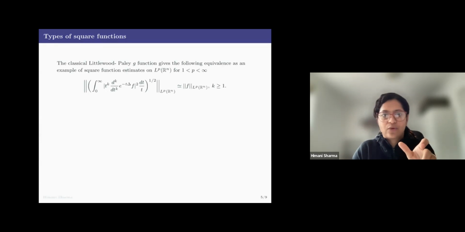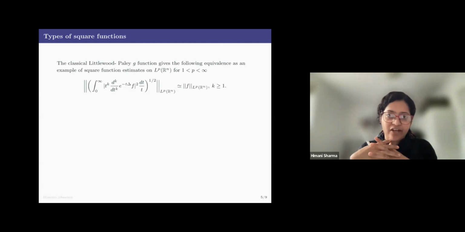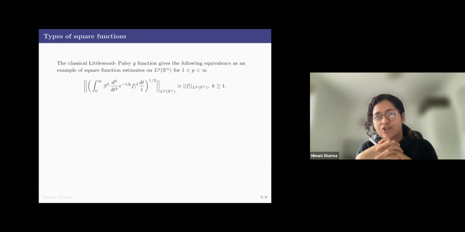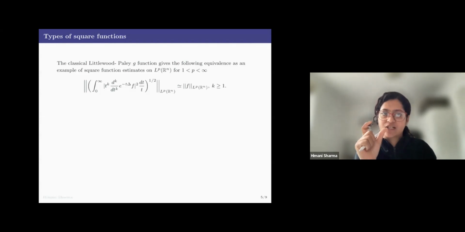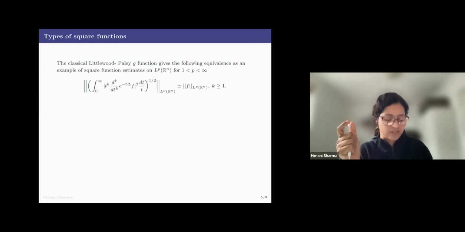So this is what we get from the Littlewood-Paley g function: an equivalence, which is a square function estimate on L^p(R^n). This square function is actually a simplified version of an abstract square function estimate that we get for the Laplace operator here. And this is a square function with respect to the time derivatives.